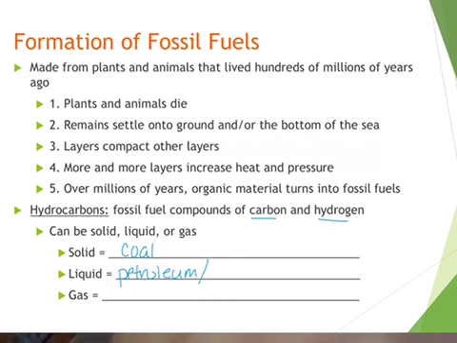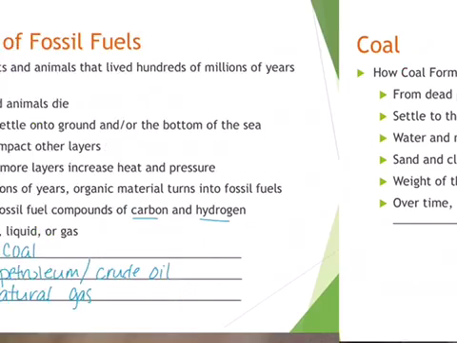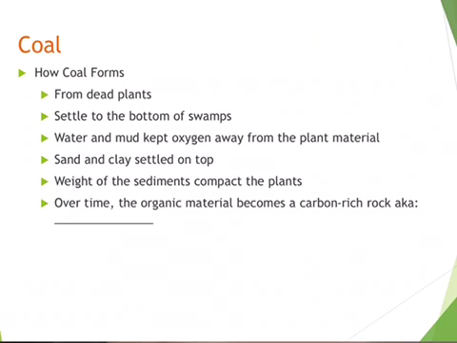Sometimes it's called crude oil. And the last state, the gaseous state, is called natural gas. So we're going to take a deeper look at each of those three forms: coal, oil, and natural gas.